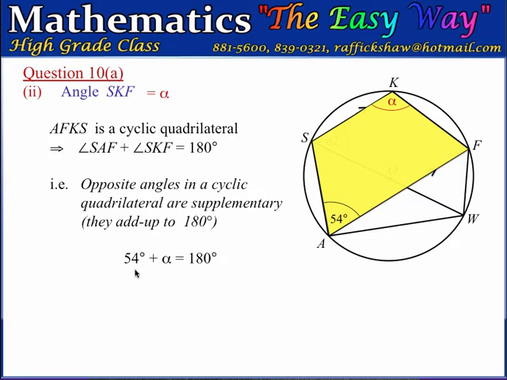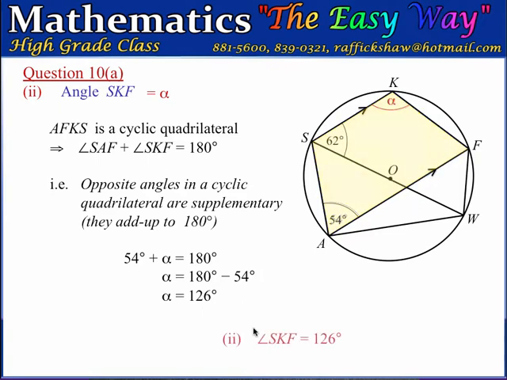To find alpha, all we need to do is subtract 54 degrees from both sides of this equation. Alpha is equal to 180 degrees minus 54 degrees, and when we finalize that calculation, alpha becomes 126 degrees. And therefore, the angle that we want, angle SKF, is 126 degrees. And that's the answer for that part.